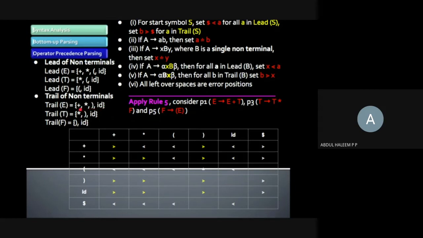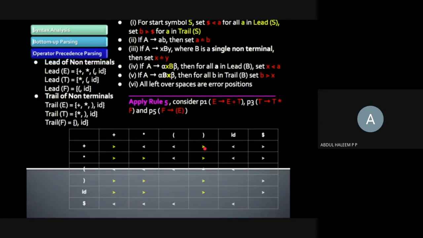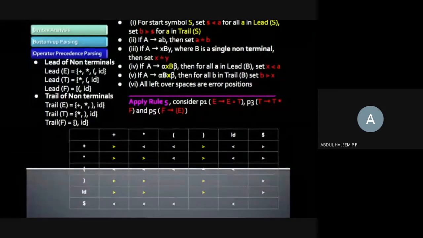So all these elements are greater than X. Plus is greater than closing bracket. Star is greater than closing bracket. Closing bracket is greater than closing bracket. And ID is having higher precedence than closing bracket. So as per rule number 5 applied on P5, we have filled the operator precedence table now.